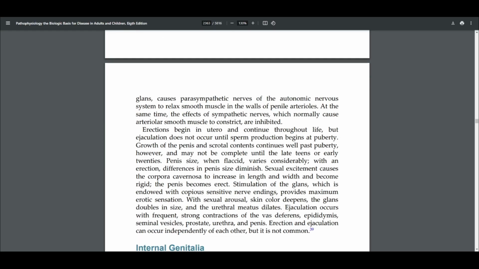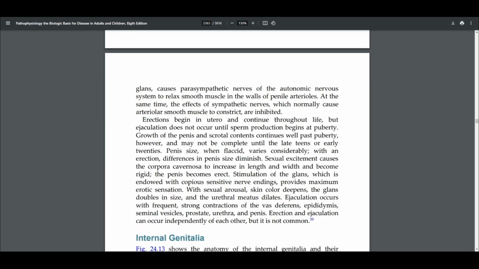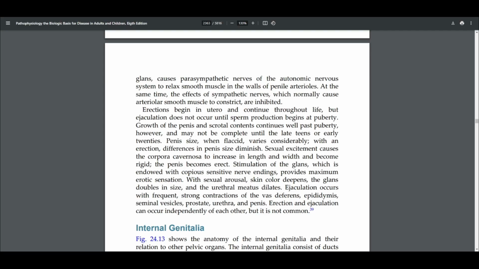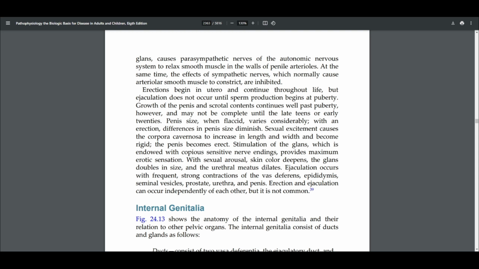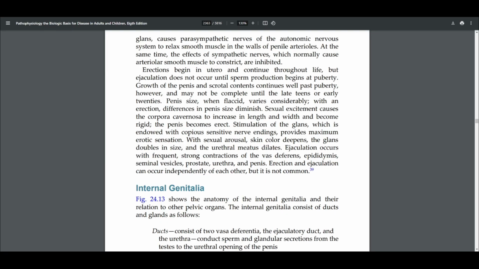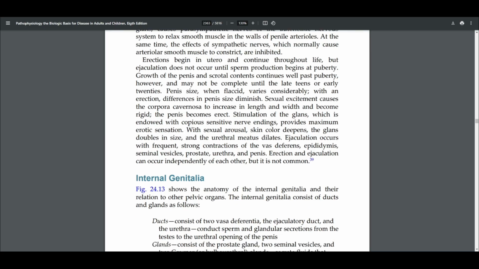Erections begin in utero and continue throughout life, but ejaculation does not occur until sperm production begins at puberty. Growth of the penis and scrotal contents continues well past puberty, however, and may not be complete until the late teens or early 20s. Penis size, when flaccid, varies considerably. With an erection, differences in penis size diminish. Sexual excitement causes the corpora cavernosa to increase in length and width and become rigid.